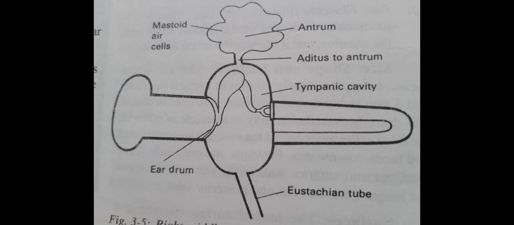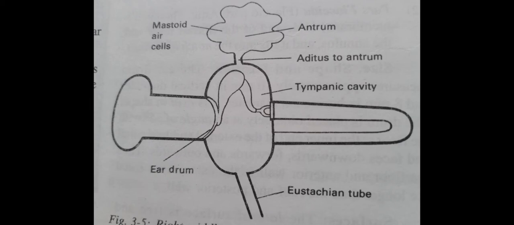It has a head, neck, handle and also anterior and lateral processes. The head is situated in the epitympanum, and the lateral process, the short process, projects laterally from the neck, while the handle is firmly fixed to the pars tensa of the eardrum. This is the part where the handle of the malleus is fixed to the eardrum.